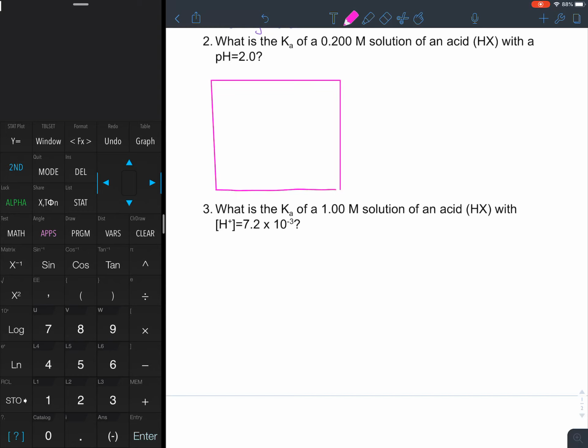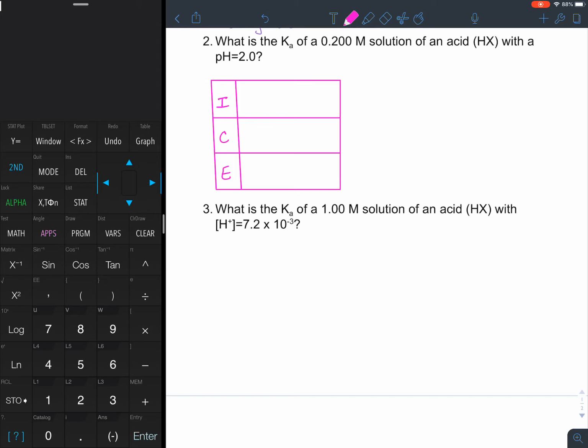Okay, so here's my table. I have my columns and some rows here. We're going to have our I here, our C here, and our E here. So initial, change, and equilibrium is what that stands for.